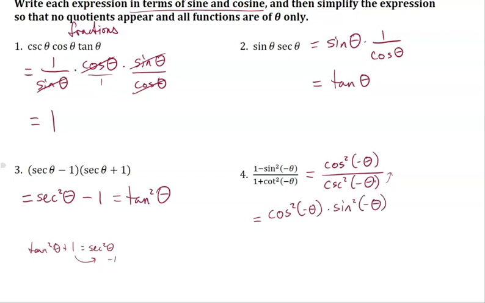Then I'm going to use the symmetry identities. Cosine squared of negative theta is the same as cosine squared of positive theta. Sine of negative theta is equal to the opposite of sine theta, but let me write this off to the side.